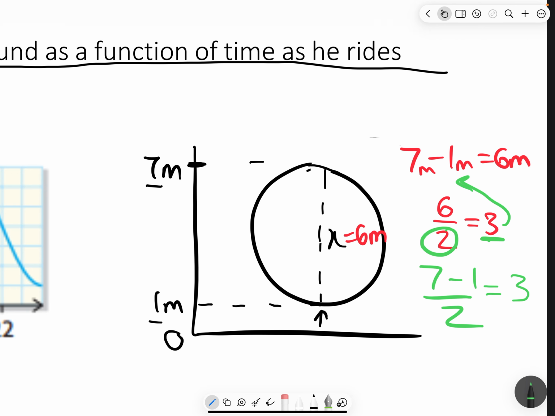So this tells us that from the middle you need to go 3 units down, or from the middle you need to go 3 units up to reach the maximum height for the circle or the minimum height for the circle.